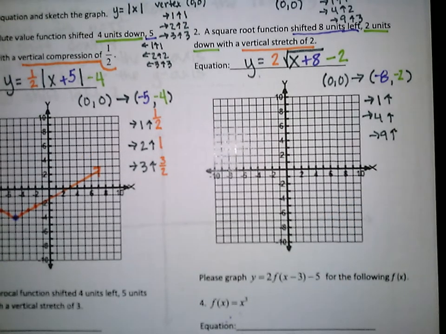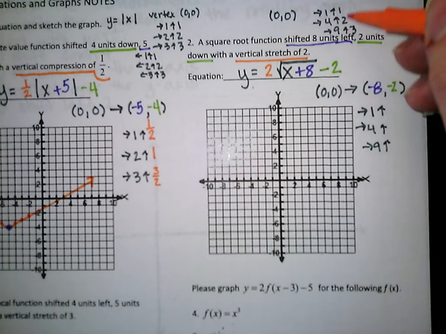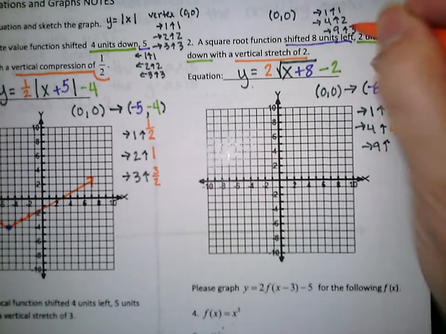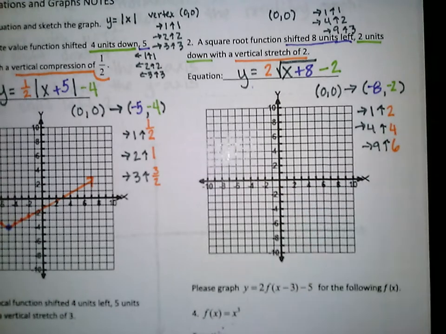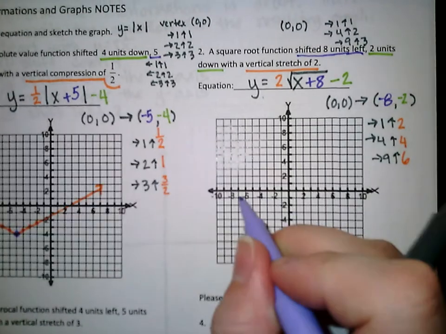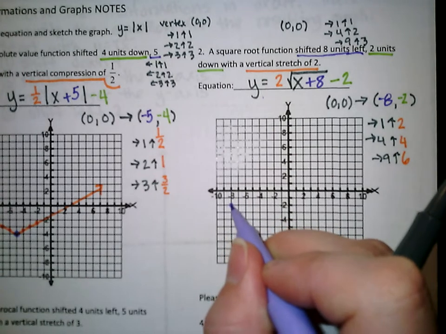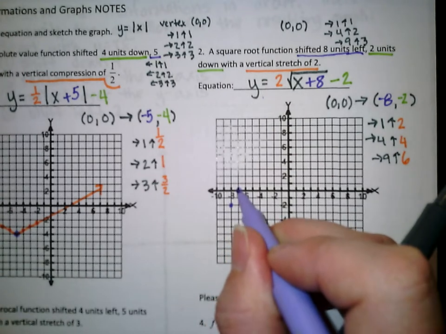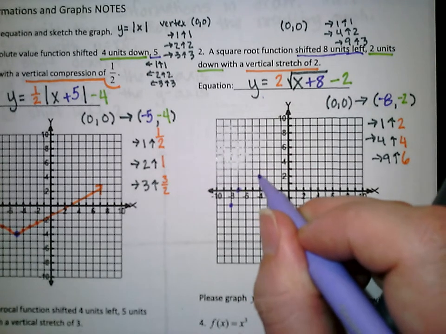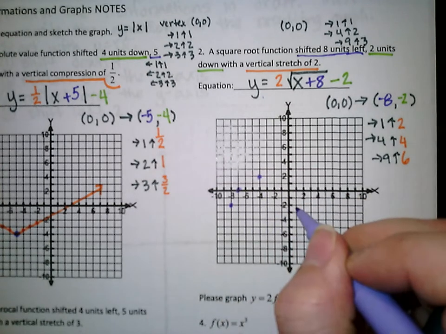So I multiply each of the ups by 2. So over 1 up 2, over 4 up 4, over 9 up 6.